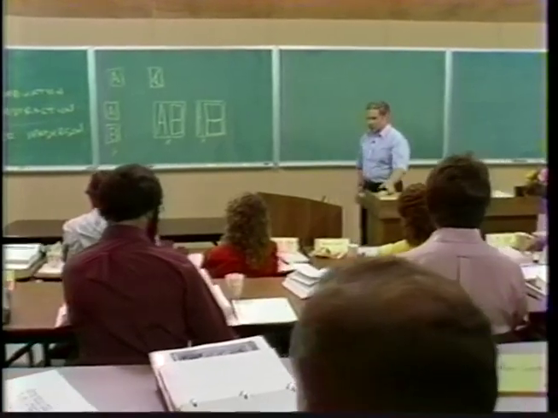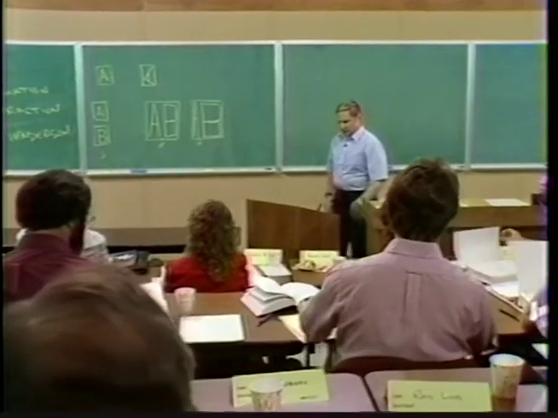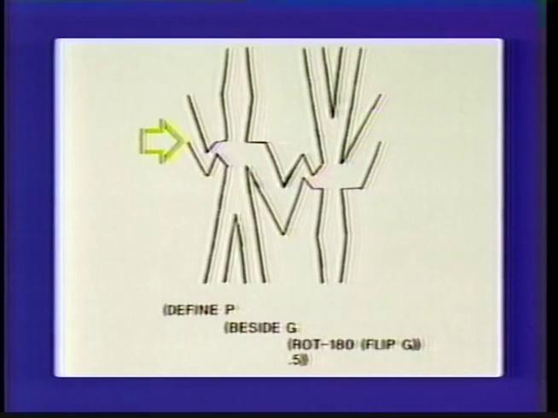Here's something called P, which is, again, George beside, flipping George, I think horizontally in this case, and then rotating the whole result by 180 degrees, and putting them beside one another with the basic rectangle divided at 0.5.